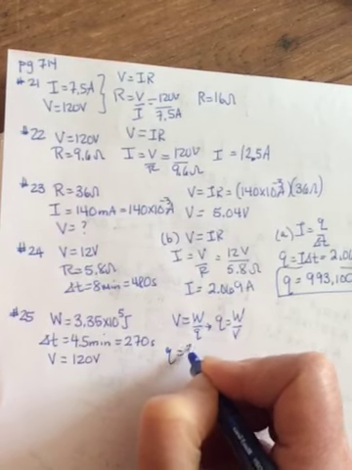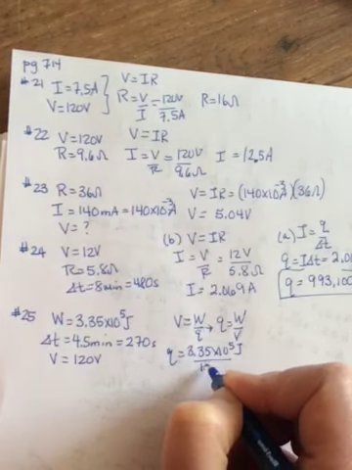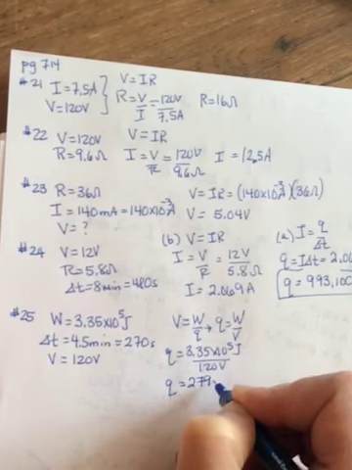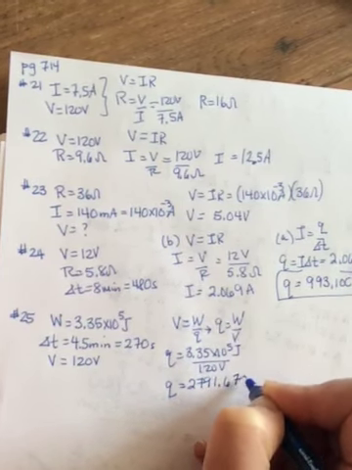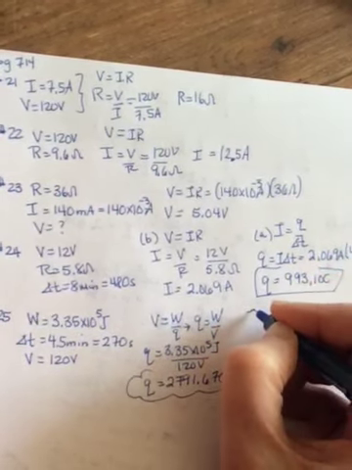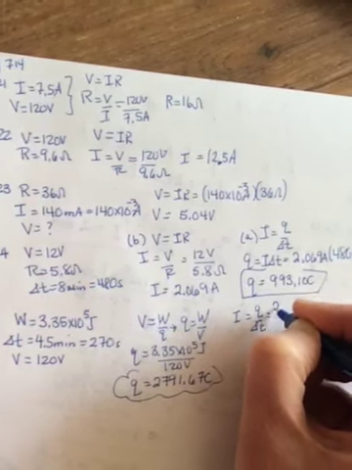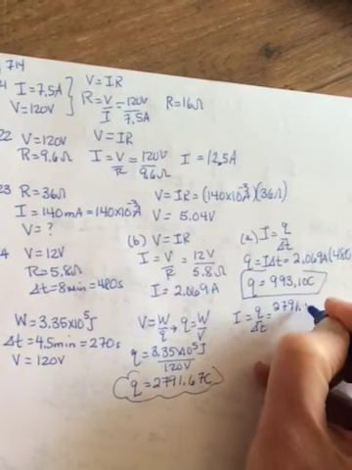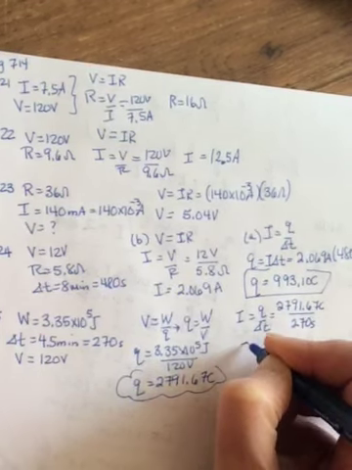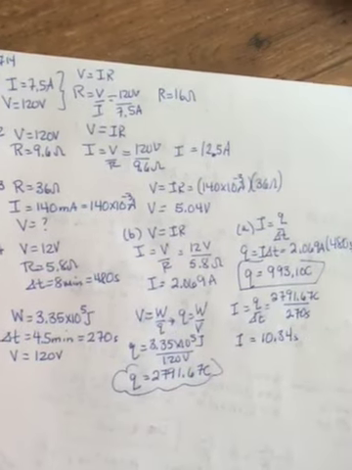So Q is equal to the 3.35 times 10 to the 5th joules divided by 120 volts. And you get a Q of 2,791.6, I think it's 6 repeating, coulombs. Don't clear your calculator. Instead, go and find your current now, because I is equal to Q over delta T. So 2,791 point perhaps 6 repeating divided by 270 seconds will give you an I of 10 point, I have 3.4, but maybe 3.3 if it was repeating.